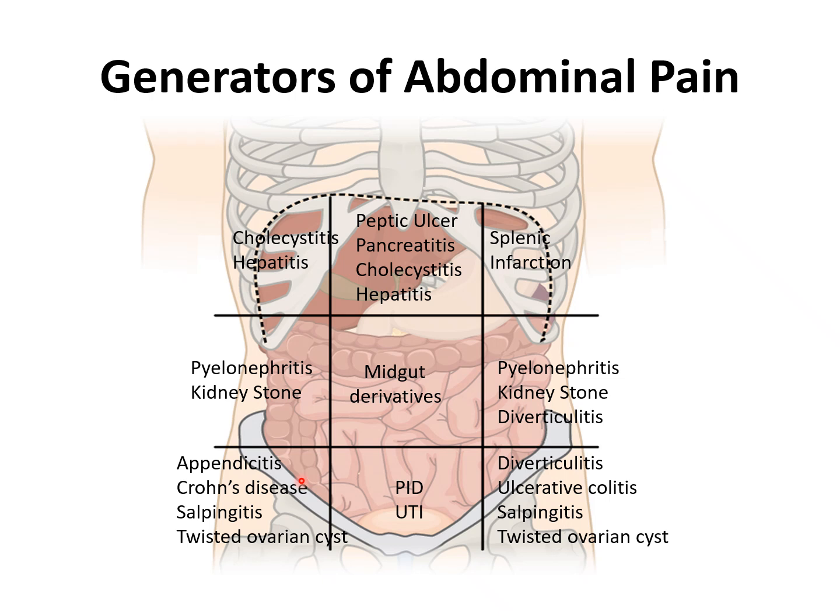cholecystitis? If it were in the right iliac fossa, what are the organs that are there? It's the appendix, the terminal ileum, the right fallopian tube, the right ovary. So could it be appendicitis or Crohn's disease or salpingitis or a twisted ovarian cyst?